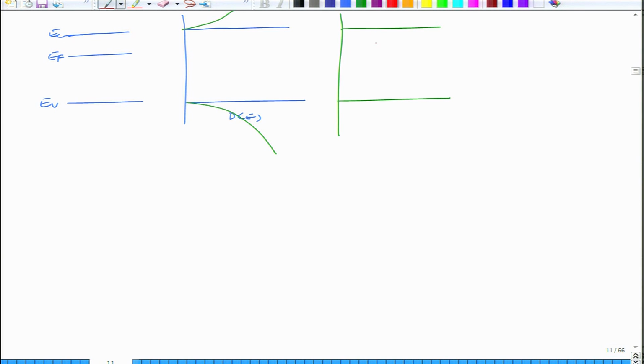Now, we want to plot the probability of occupation. If this is 0, this is 1, this is half, it will be symmetric around this point. So, essentially it will go in this fashion. Okay. So, this is 1, this is 0, this is Fe.